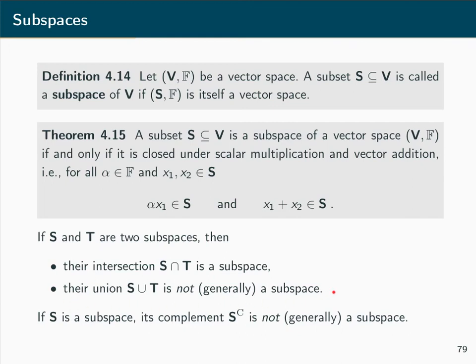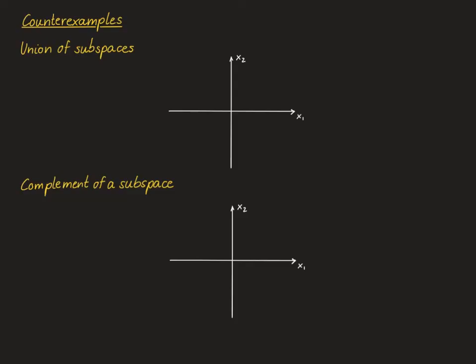The last two facts can be illustrated by finding simple counterexamples in R2. By the way, if you see statements like this, it's always a good idea to check the plausibility by making little sketches. And that's exactly what your knowledge about linear algebra in 2 or 3 dimensions is very good for. It can give you a first intuition about whether a statement is true or false, and maybe even lead directly to a counterexample.